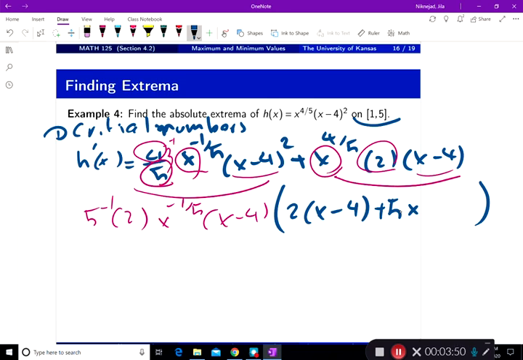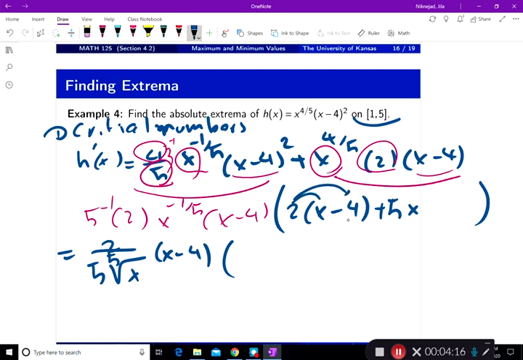At this point I have everything factored. Let's bring the 5 to the power -1 to the bottom, and I get 2 divided by the fifth root of x times x minus 4 times this entire thing, where 2 distributes: 2x minus 8 plus 5x is 7x minus 8.